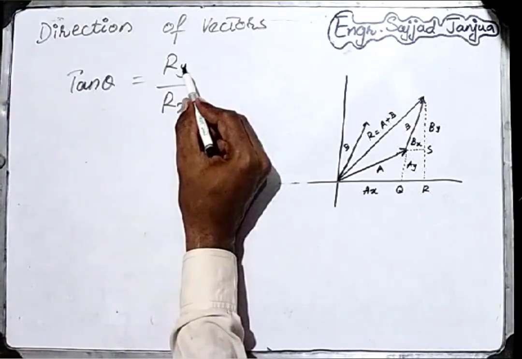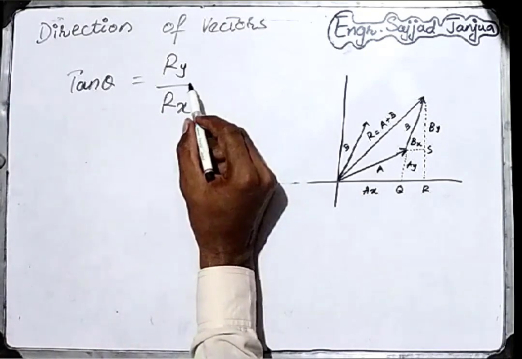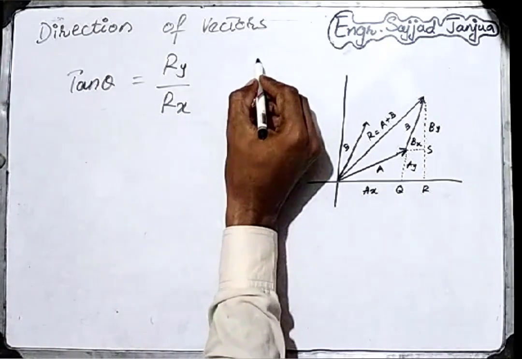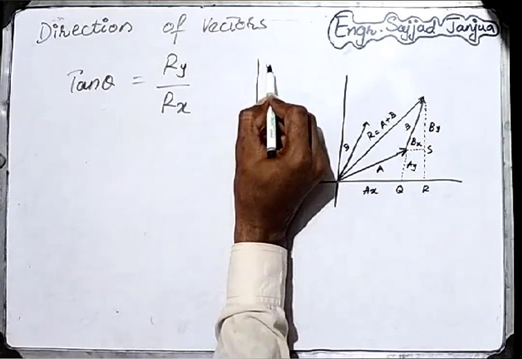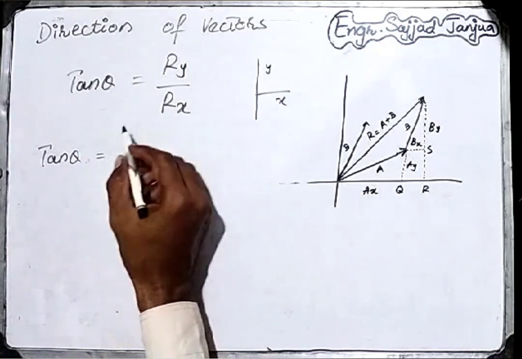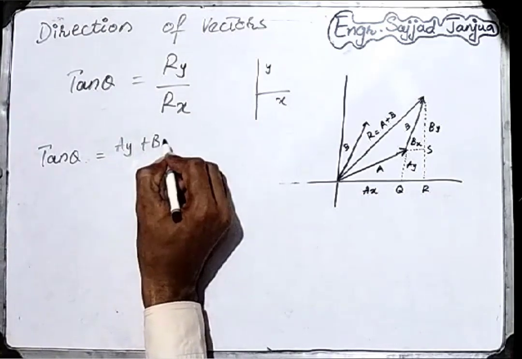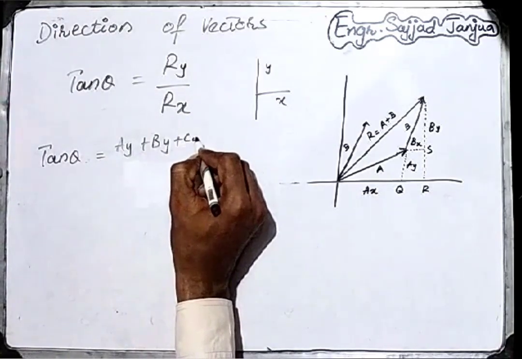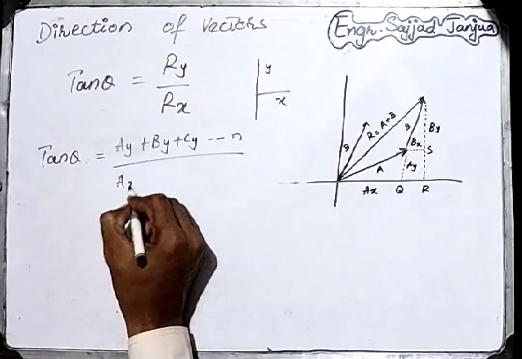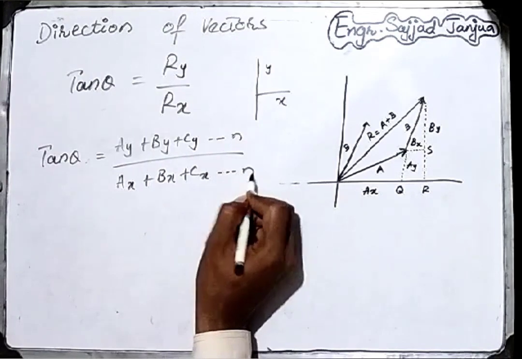Now we will put the values of Ry and Rx, as tan theta is equal to perpendicular over base. So for perpendicular we use y and for horizontal we have x. So for the perpendicular resultant, Ry is equal to Ay plus By plus Cy up to n, and Rx is Ax plus Bx plus Cx up to n.